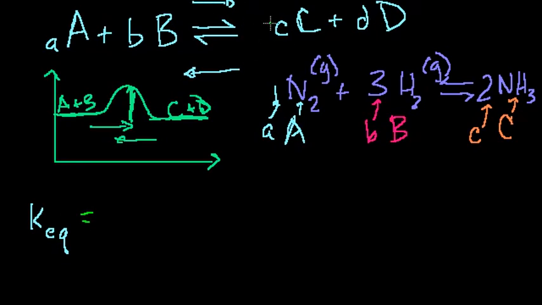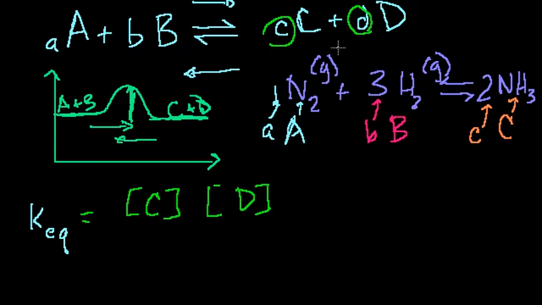If it goes in both directions, you can obviously go in either direction. But let's say that this is the forward direction, going from A plus B to C plus D. So you take the concentration of each of the products, and you multiply them by each other, and you raise them to the mole ratios.